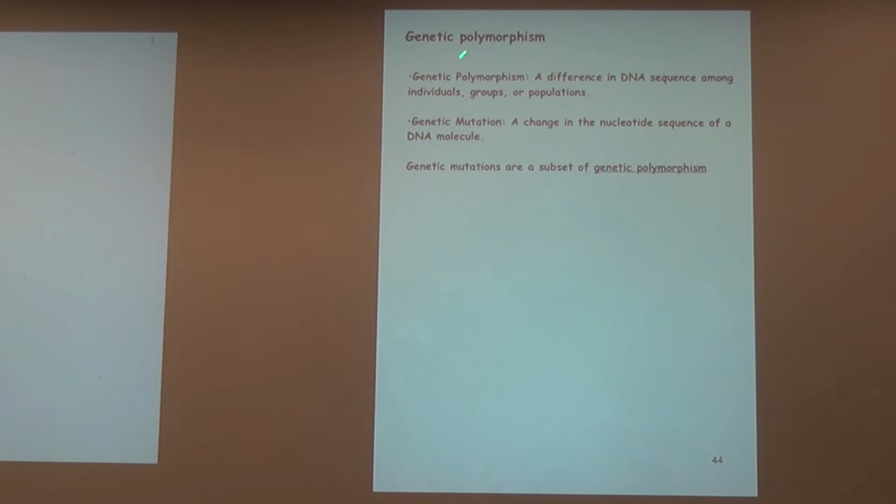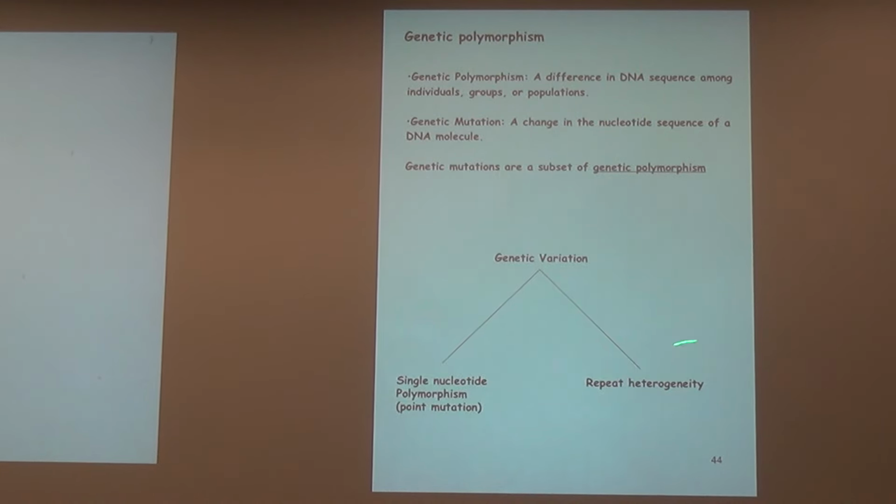That's the polymorphism. A genetic mutation is a change in the nucleotide sequence of the DNA molecule that results in a change in the phenotype. And genetic mutations are a subset of genetic polymorphisms. So polymorphisms are the encompassing term, and within it you will have mutations. So variation can be repeat heterogeneity or changes in nucleotide sequence.